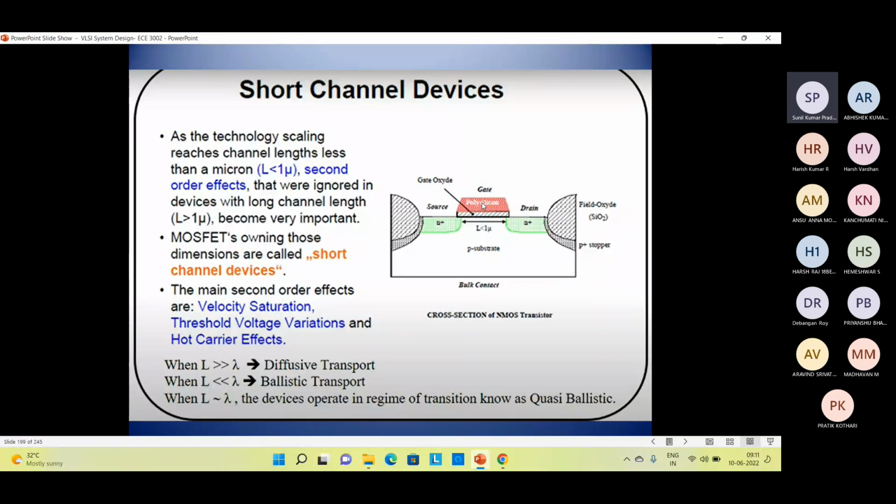Whereas if the channel length is much greater than the mean free path of electron, we call it diffusive transport. So these are the three main transport behaviors which we observe in our short channel devices. I hope this is clear to everyone.